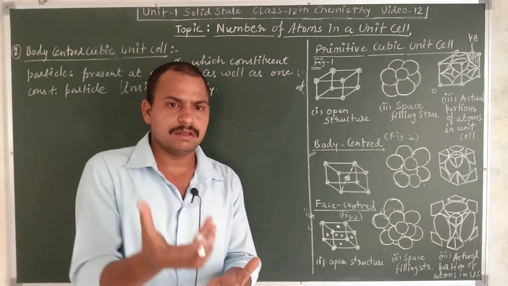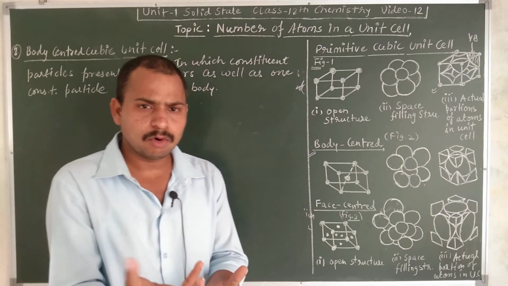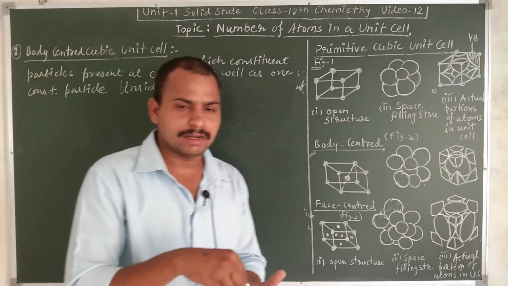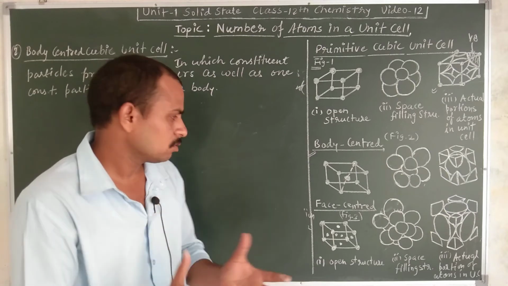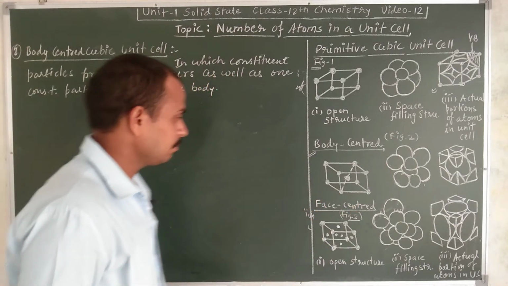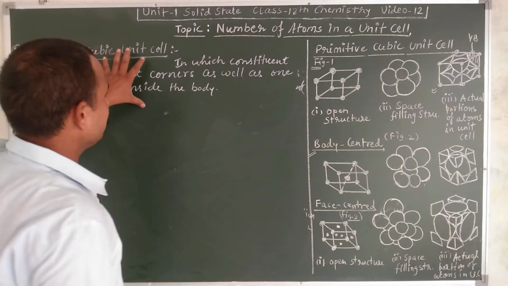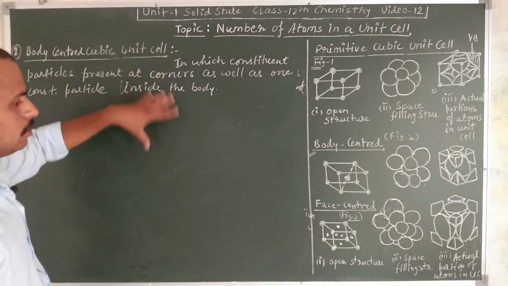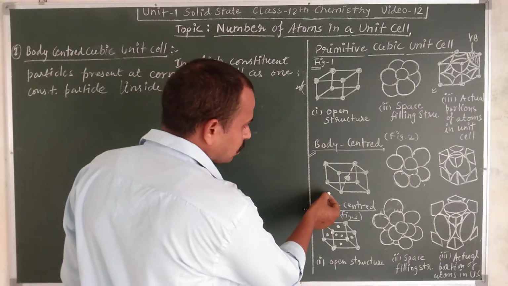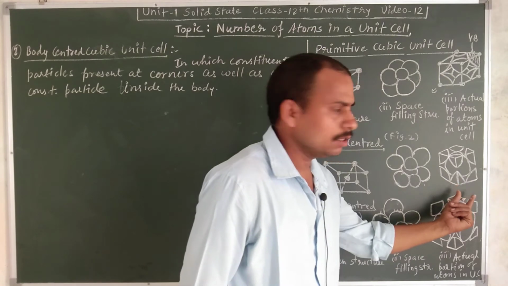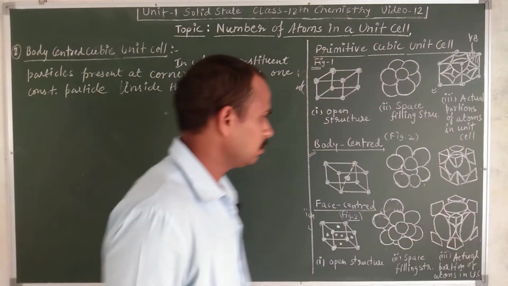If we put a ball inside the box, that is called body center. So this is the definition of the body centered unit cell, and this is the open structure, this is the space filling structure, and this is the actual portion of atoms in the unit cell.